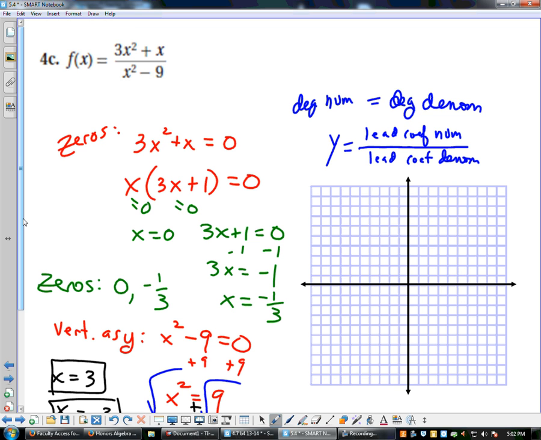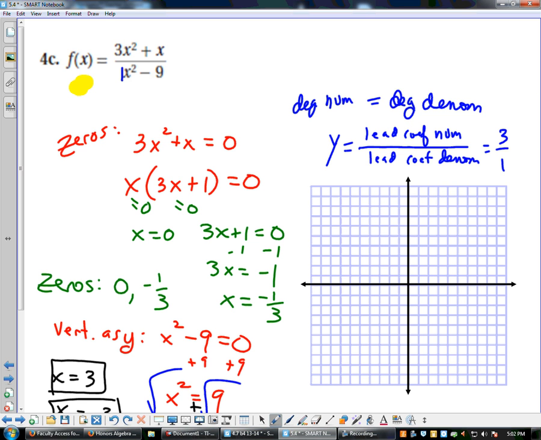So what's the leading coefficient of our numerator? That's 3. And what's the leading coefficient of our denominator? That's 1. So if I take 3 over 1, that's going to be the equation for my horizontal asymptote.